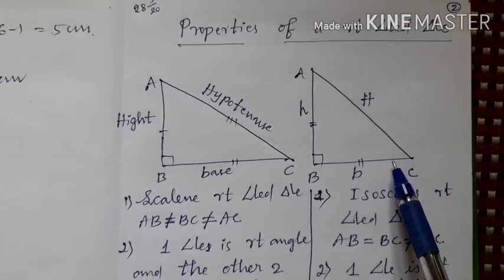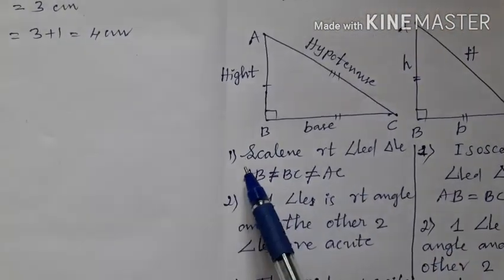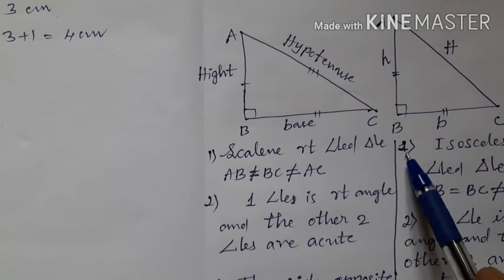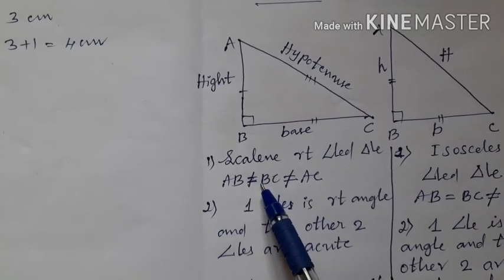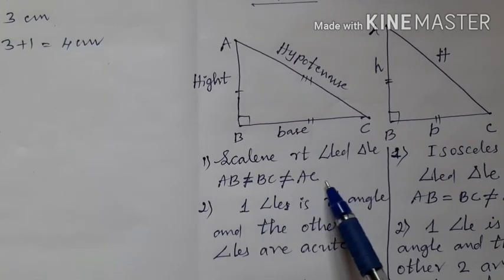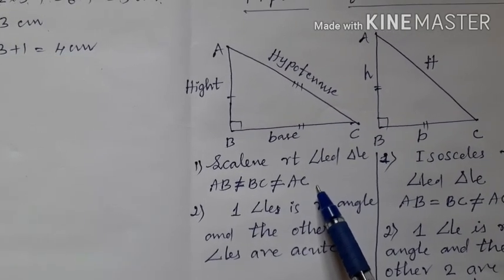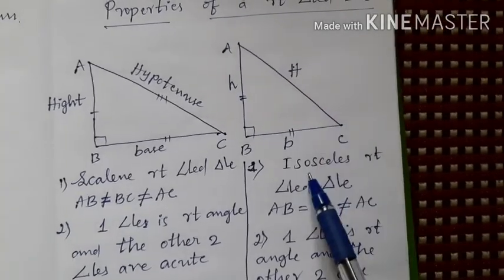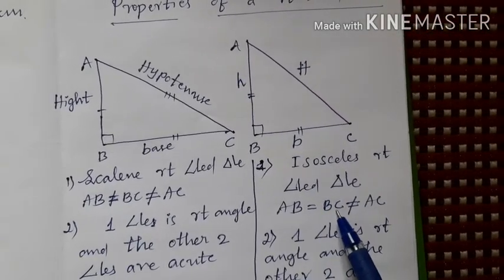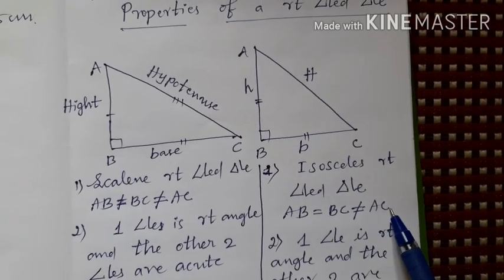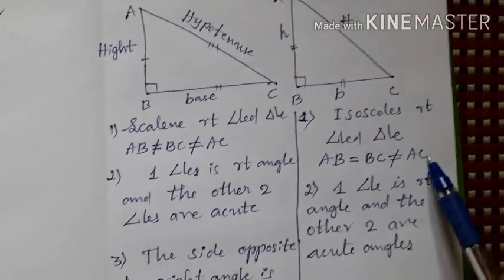Okay, let us see in detail. In a scalene right angle triangle, AB is not equal to BC, is not equal to AC. But in an isosceles right angle triangle, AB is equal to BC, is not equal to AC, right?